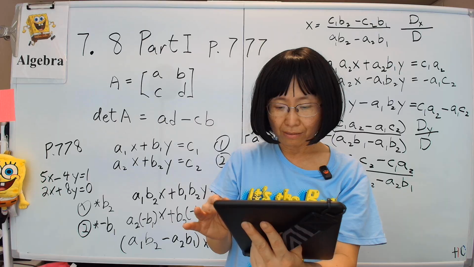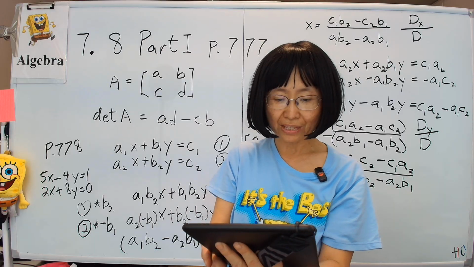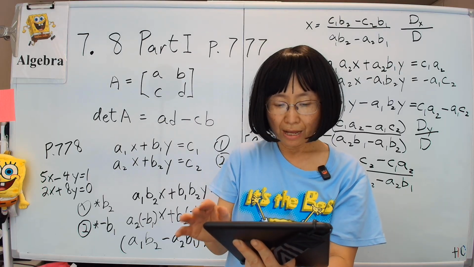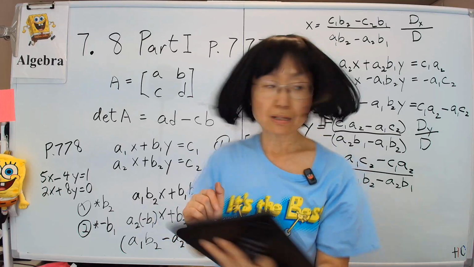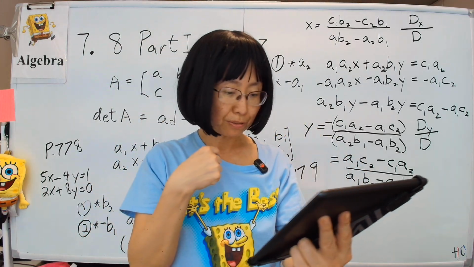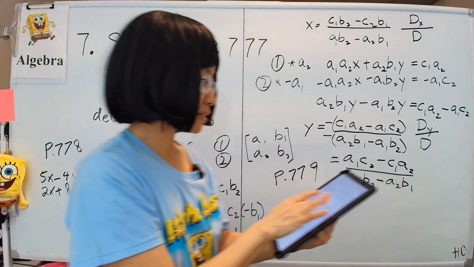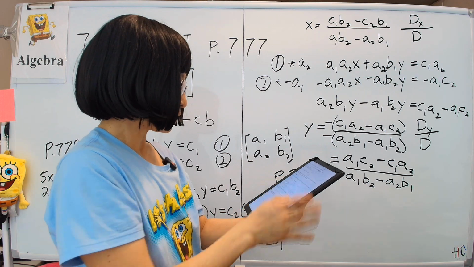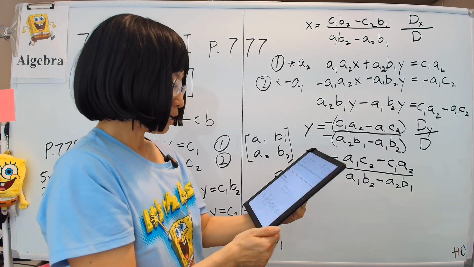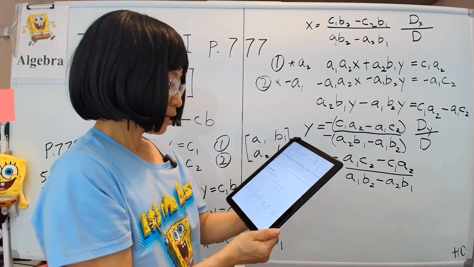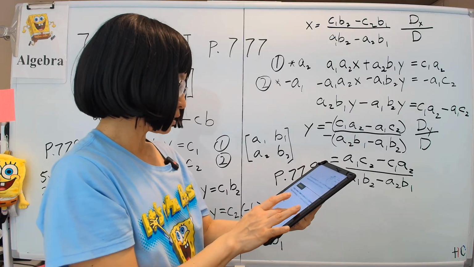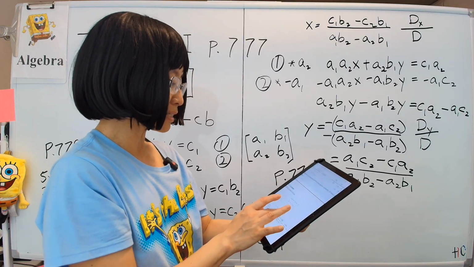So let's then do an example of that. Let's look at example 2 on the bottom of this page. I have a little bit of space here, so let's continue here. Okay, so we have a fairly quick problem. What are we doing here? We are solving this, solving for x and y.